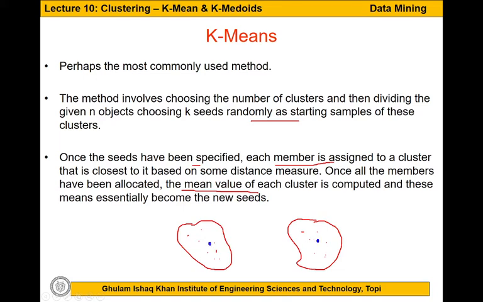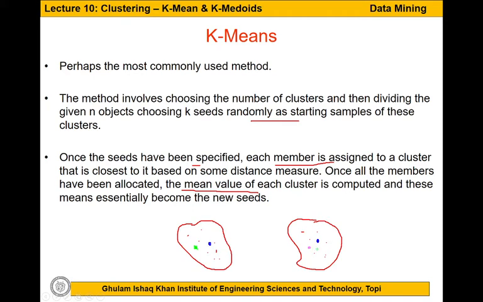This one was the previous seed, but once the cluster is formed, within this cluster the average or mean of all the points will be computed, which may result in a new point. Now this new point will become the new seed, right, and maybe here the other point becomes the new seed.